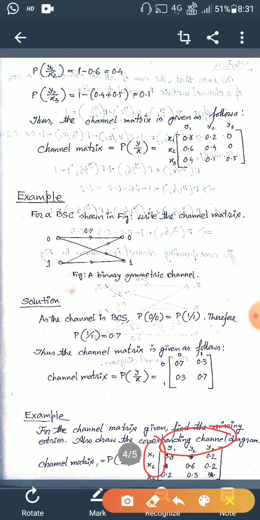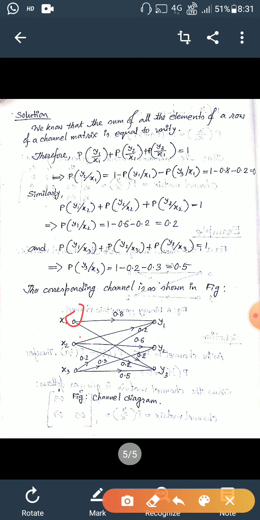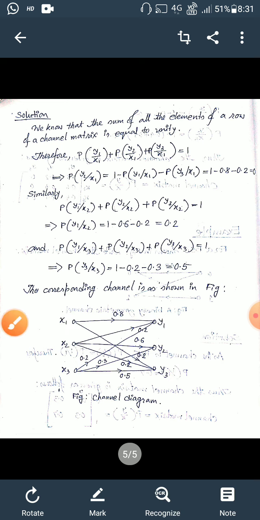So initially you put 3 dots at the input side, x1 x2 and x3, and in the same way at the output side y1 y2 and y3. Where a transition probability is present, you draw that line; where the transition probability is 0, you are not required to draw a line.